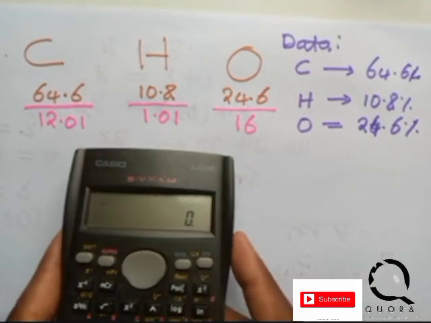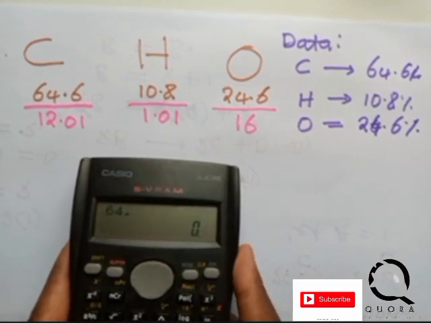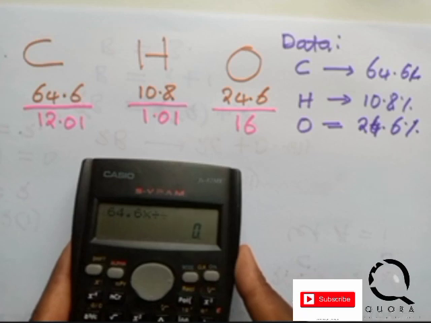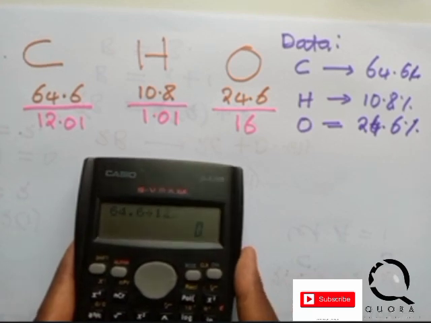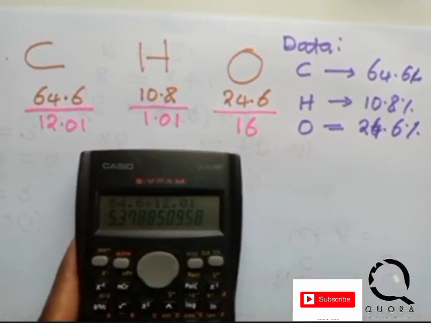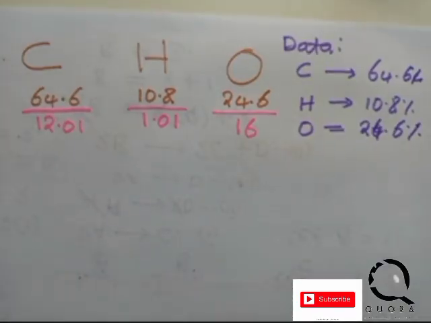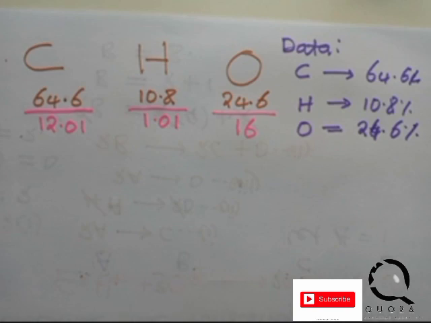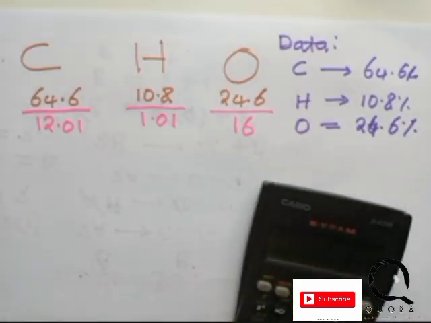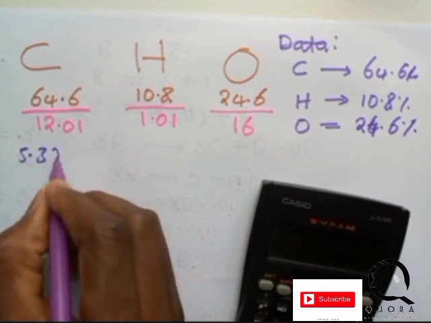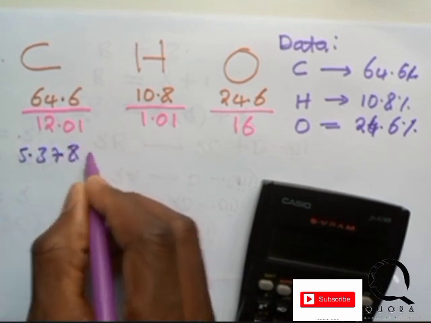What number are we going to get? 64.6 divided by 12.01, so I'm getting 5.3788. I'll write my answer in four decimal places, so I'll have 5.3789.